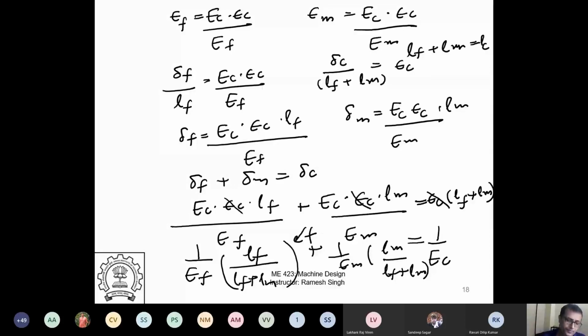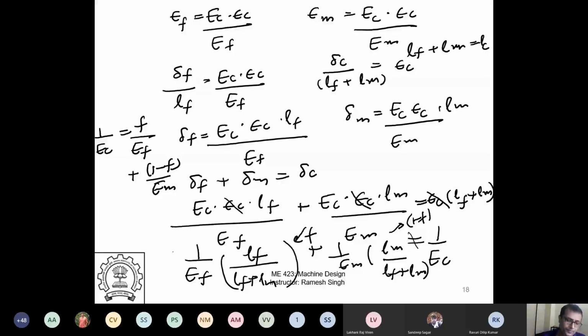So this will become 1 over EC is equal to F by EF plus 1 minus F by EM.